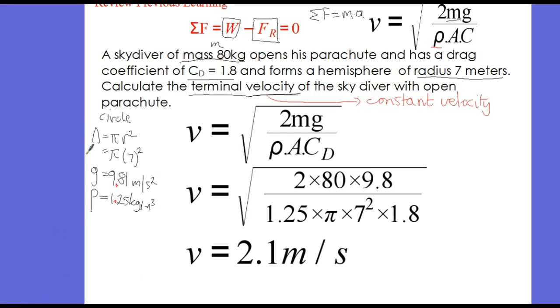But if we had done the same kind of activity on a different planet under different atmospheric conditions and different gravitational field strength, you'll get a different achievable terminal velocity. Okay?